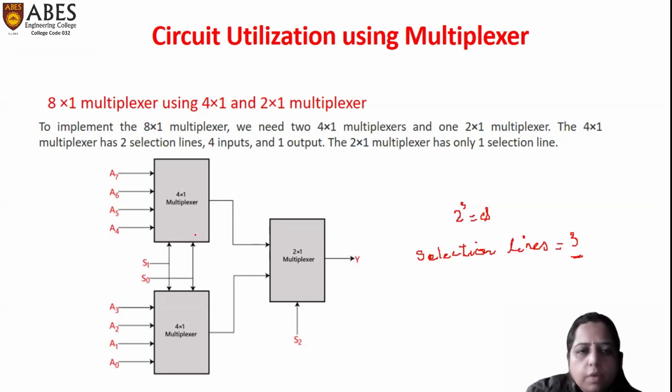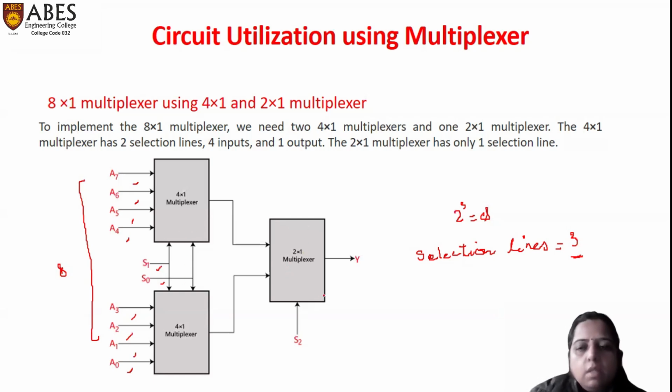Since we have total number of inputs as 8, we would require two 4:1 multiplexers, each with 4 inputs. So both the selection lines S0 and S1 will be connected to both the multiplexers.